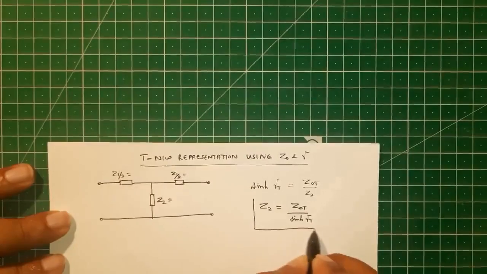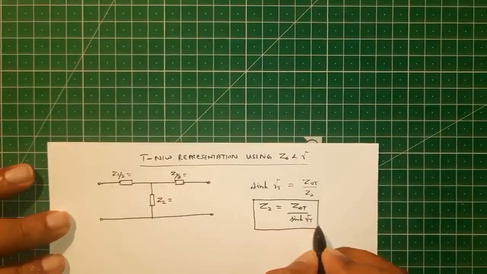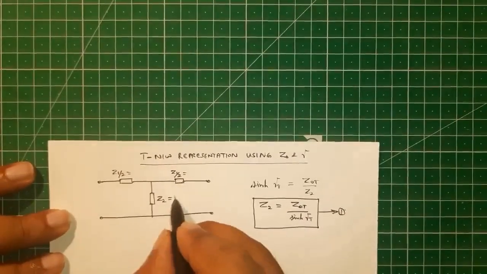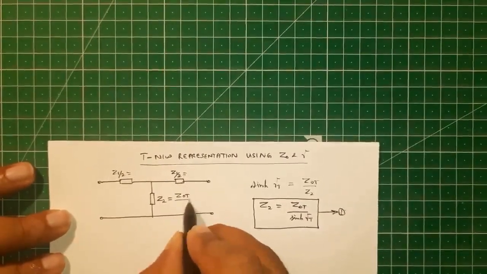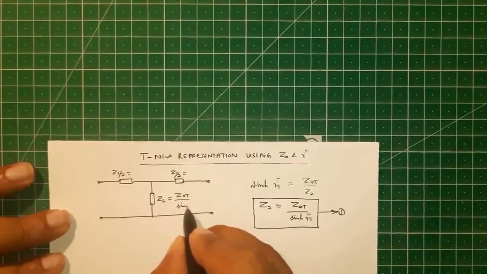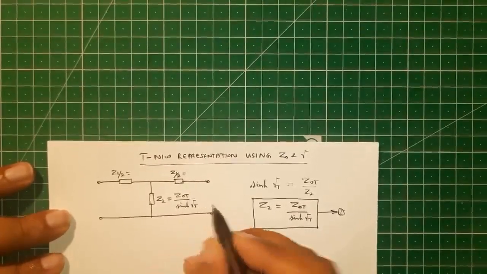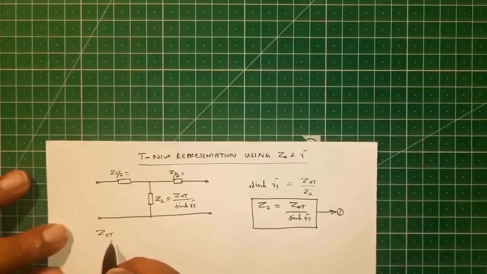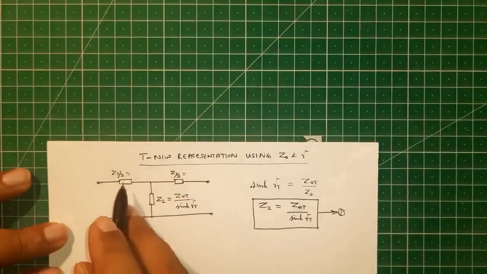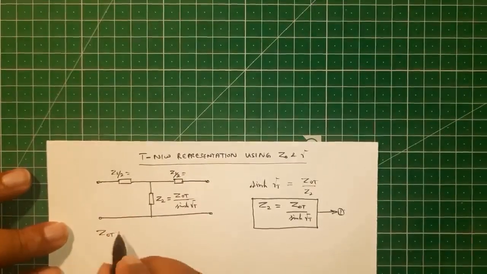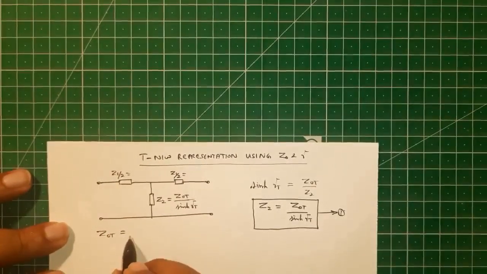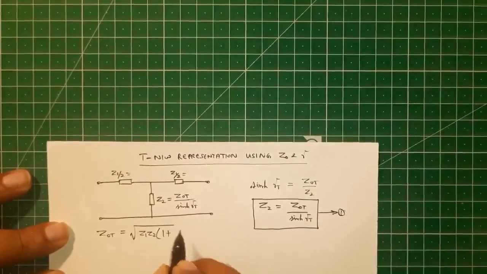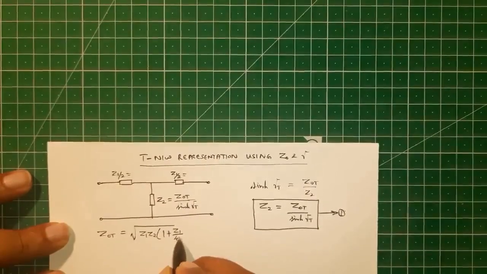So this is one relationship we can write. So Z2 could be written as Z0T by sinh gamma l, where Z0T is the characteristic impedance for the symmetrical T network, which we have derived as square root of Z1 Z2 into 1 plus Z1 by 4 Z2.